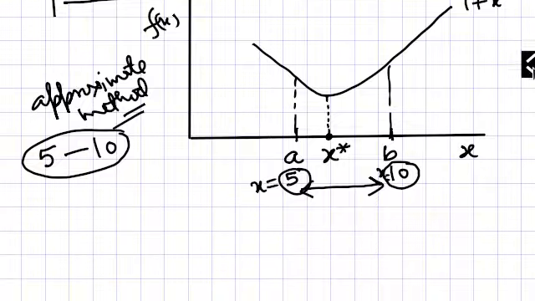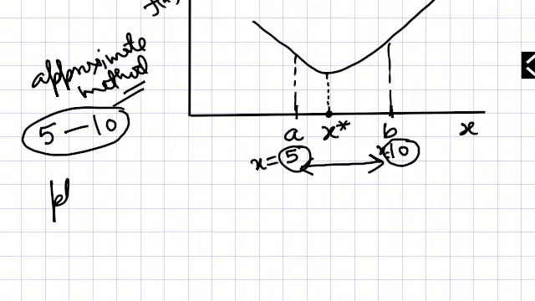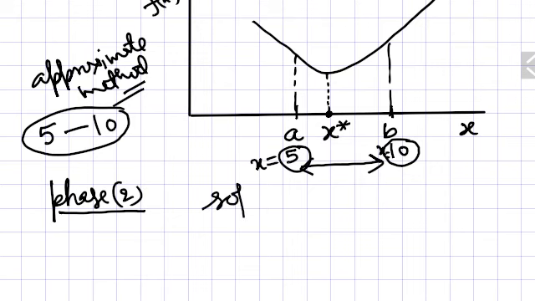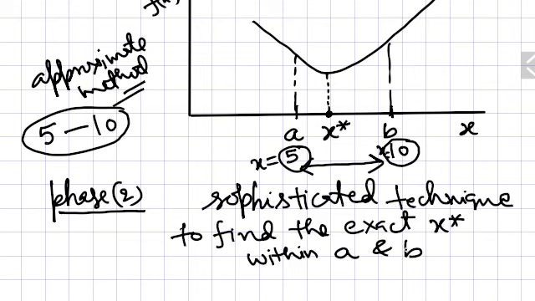After that, in phase 2, once you have got the limit, you use a sophisticated method. There are many numerical methods available for this. A sophisticated technique is used to find the exact value within the limits a and b.